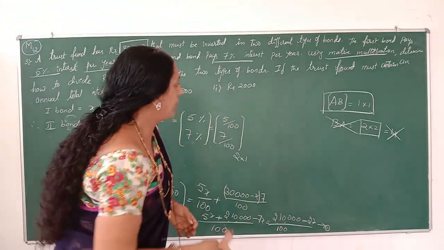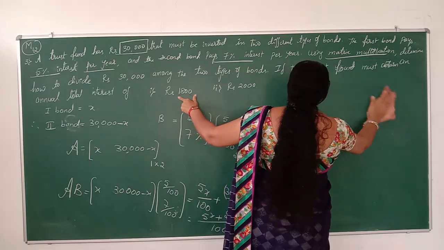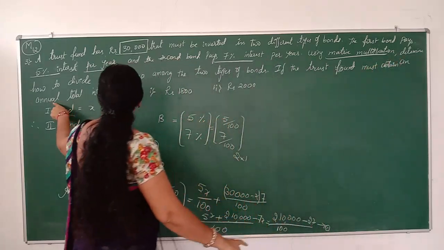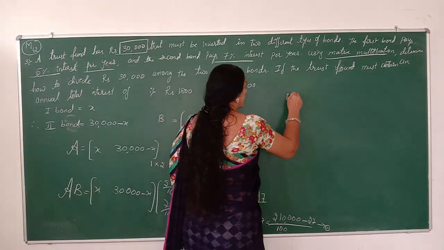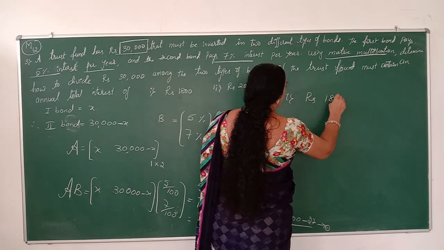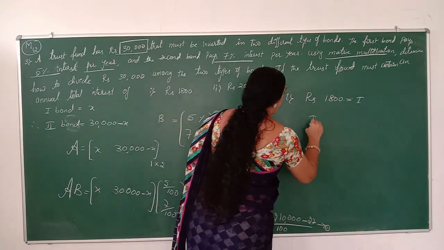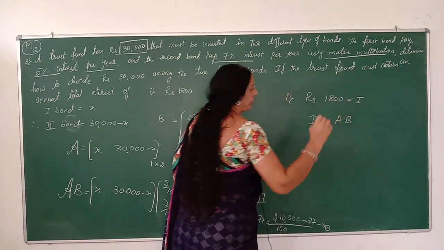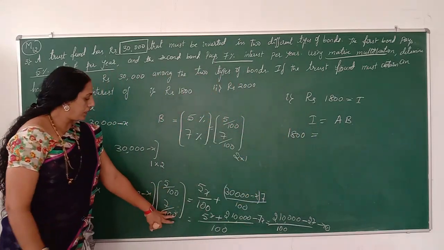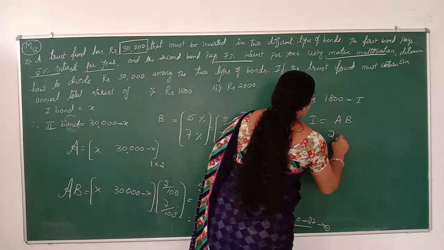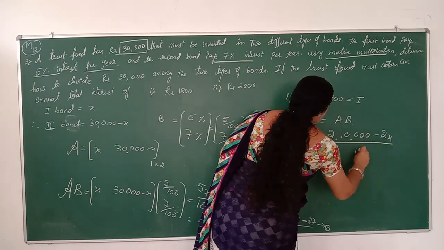Then we will consider the first condition. Now, to find them, the trust fund must obtain a total interest of rupees 1,800. So first we consider rupees 1,800, which is the interest amount. We compare I is equal to A into B. So I is 1,800 and A into B is 2,10,000 minus 2x divided by 100.